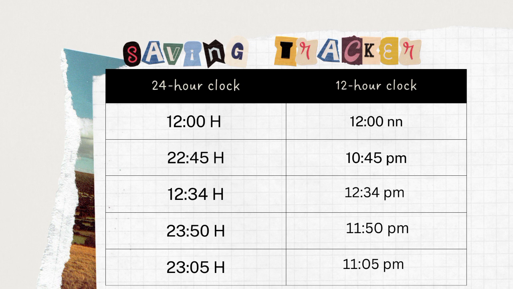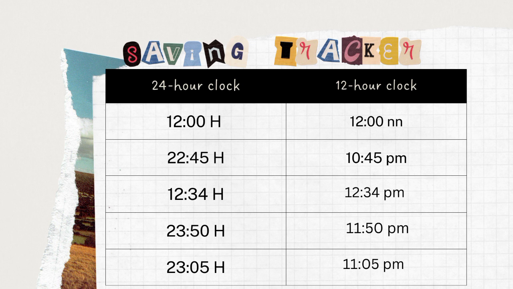So, the next one is 2245 hours. So, gabi na to. So, ang gagawin natin dyan is magma-minus tayo ng 12. So, 22 minus 12 is 10. So, magiging 10:45 p.m.